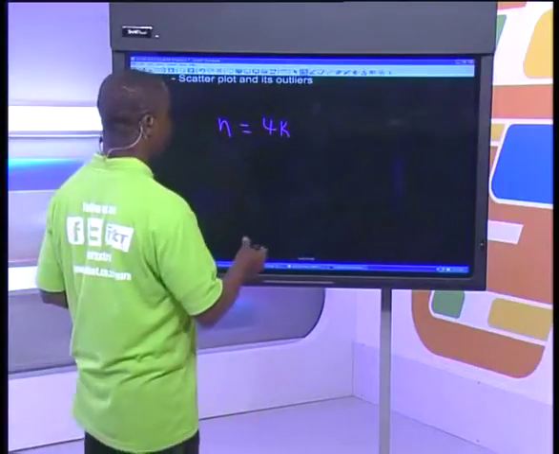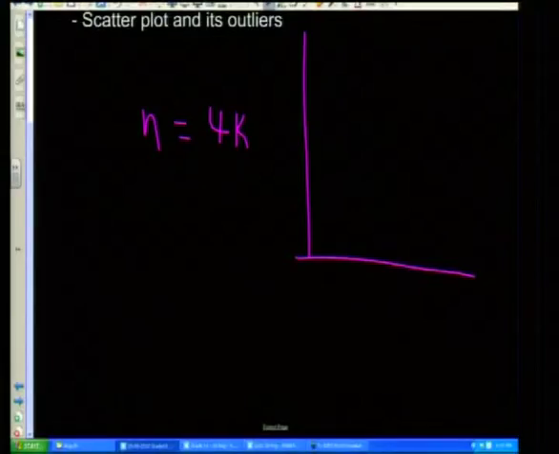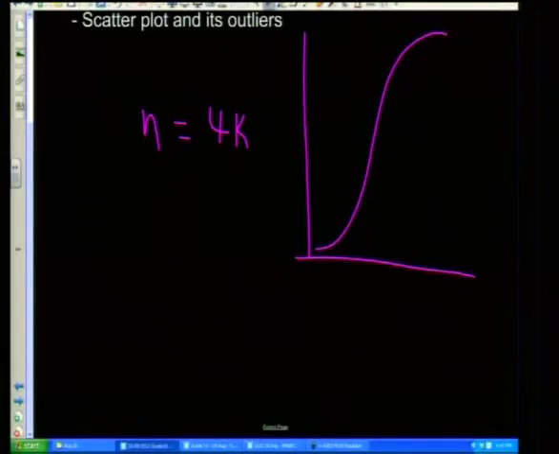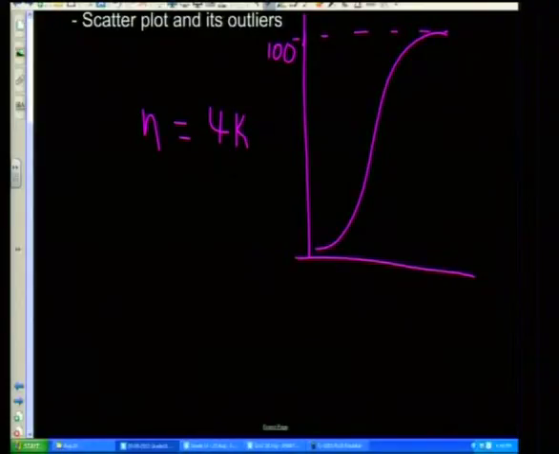If I can just show you typically what it would mean: you have your ogive, an S curve like that, and say the data point goes up to 100.